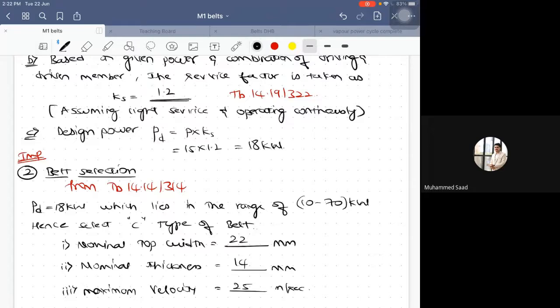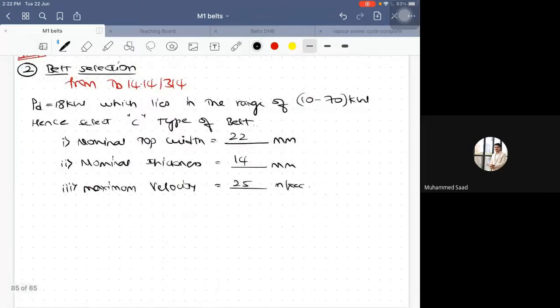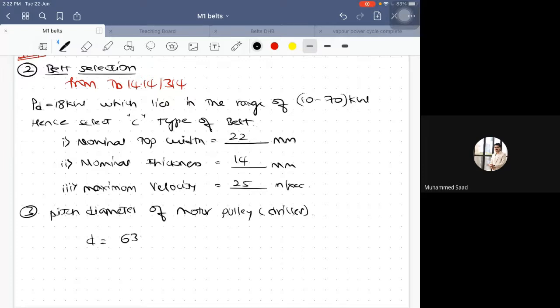Now the third step, pitch diameter. Remember, it's not just a diameter, it's the pitch diameter of the motor pulley, which is the driver. So small d is equal to 630 times the cube root of design power, in kilowatts, divided by omega max.